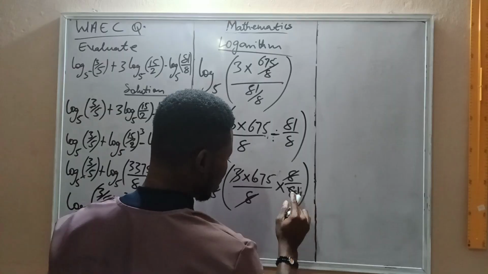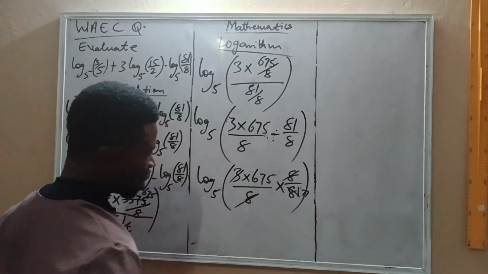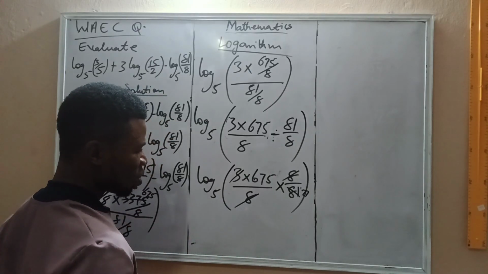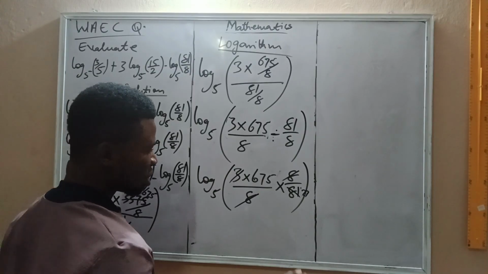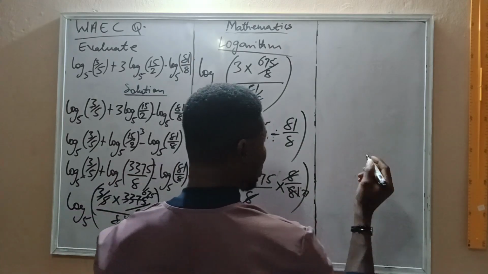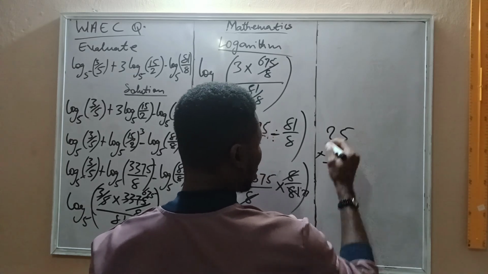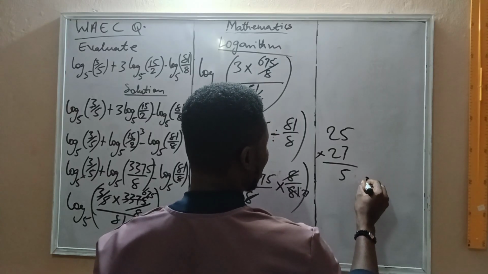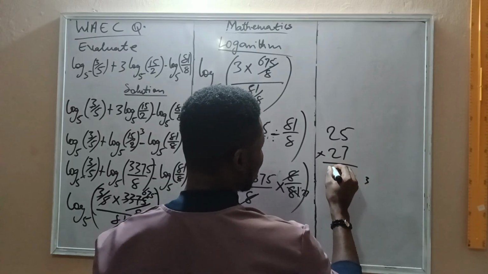27 gives us 27. And then 27 can divide this thing. You also know 25 times 25 is 625. Okay, let's just multiply so that we'll be sure. 25 times 27. 7 times 5 is 35. Write 5. Now 7 times 2 is 14, 14 plus 3 is 17.